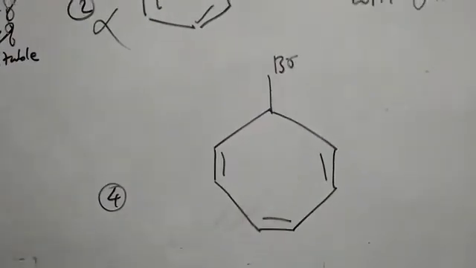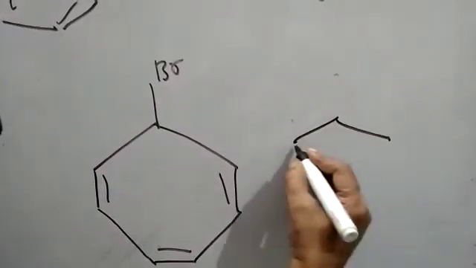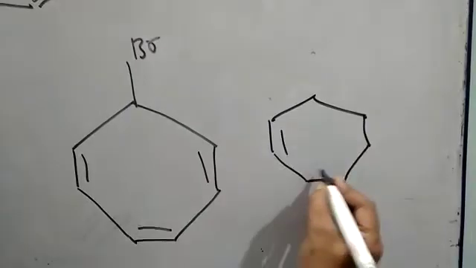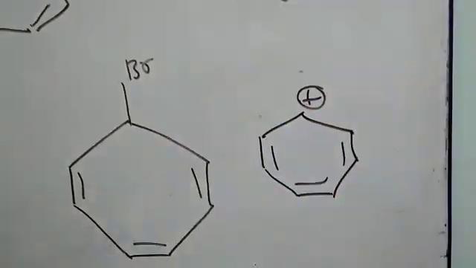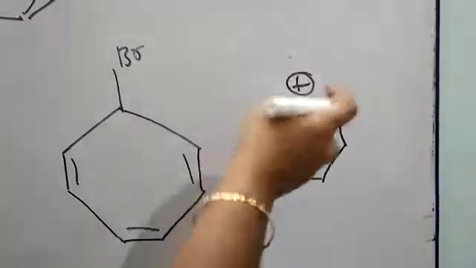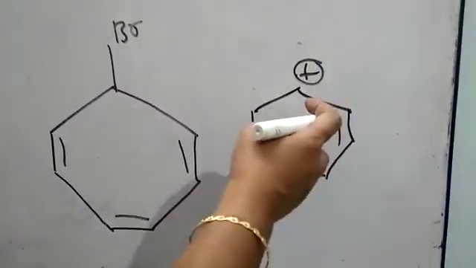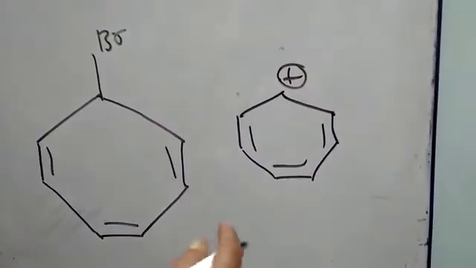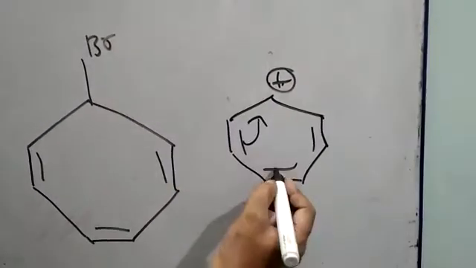Whereas in this case, after removal of this, you can see here, this one. Here you have the positive charge on the ring, on the carbon atom. It cannot be overlapped with the next one. Apart from that, it is stable. How it is stable: towards the positive charge, this electron is moving and this is moving.